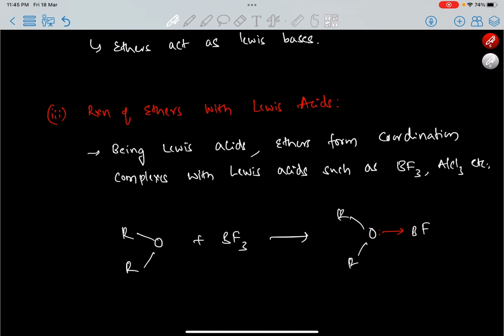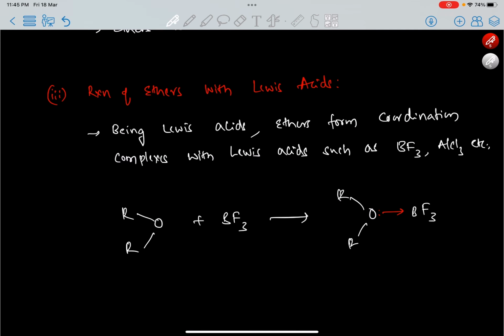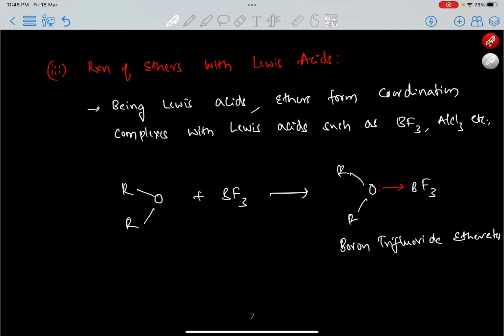So this complex is called boron trifluoride etherate. Always remember, when ethers combine with Lewis acids, they form etherates. Let me write the spelling here. Etherates. So this is important.